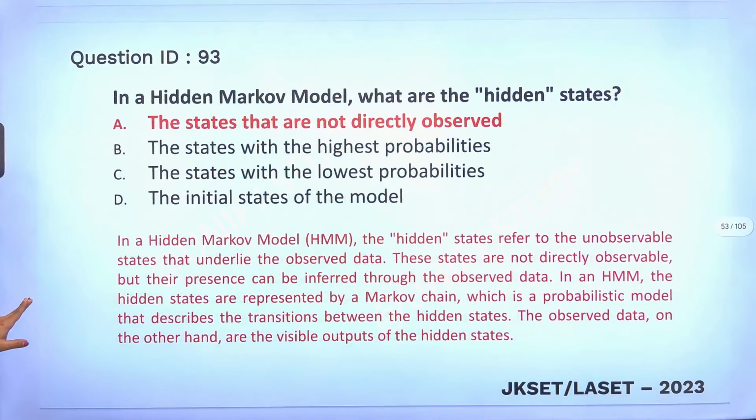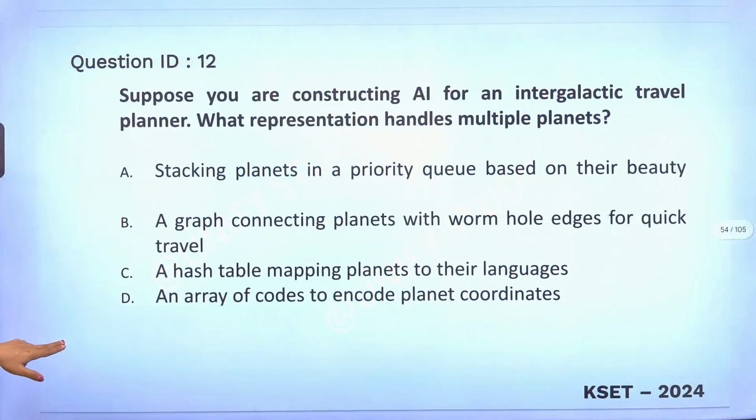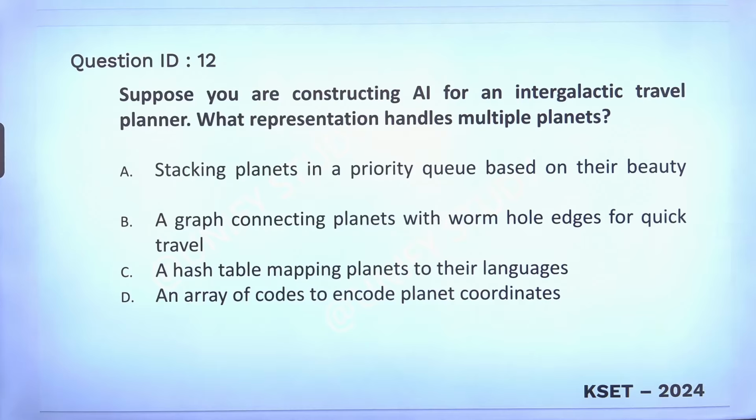They are the states that are not directly observed. Hidden means the ones you are not able to directly observe. So option 1 is the correct answer here. Now read this, think and answer. I think we already did this question at the time of case set questions, so I can expect a 100% correct answer because it was done previously also.